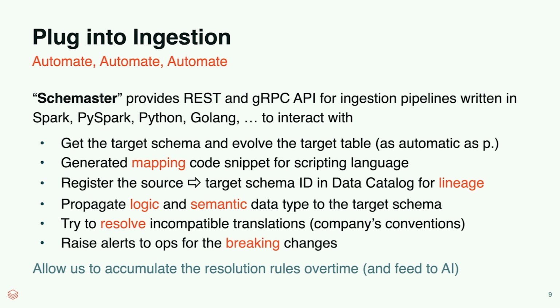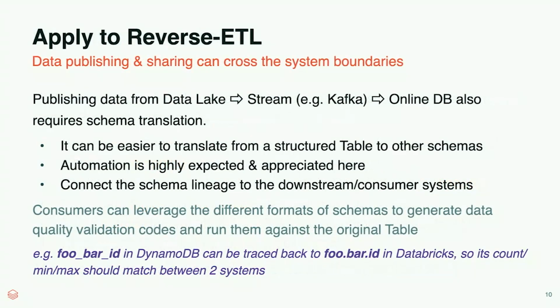We will build this into a system and provide you with a standard API, so that no matter whether you're using Spark, Python, or your microservice, you can tap into this schema translation system and accumulate the translation conventions for your own company. This is not something we can standardize across the universe, which is why you need to accumulate this knowledge there.